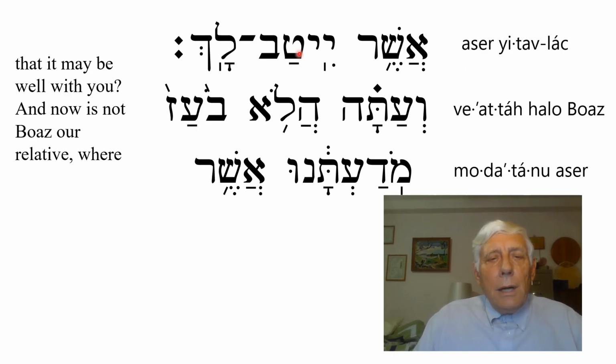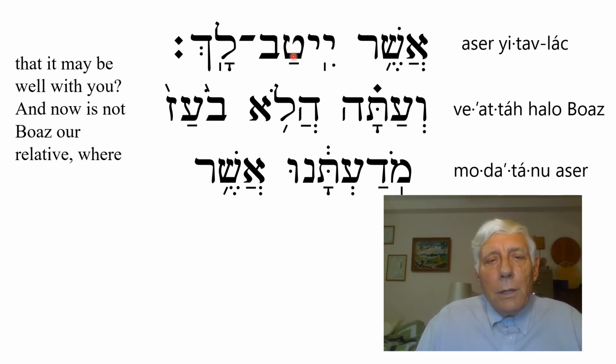Asher yitav lach, which word? Yitav, this is a verbal form of tov. Tov is the whole thing of good or goodness, as an adjective or as a noun. Very, very extensively known. Tov. We've seen it a couple verses back when Naomi says to Ruth, it's tov that you're sticking with the workers there, with those gals working on the field.